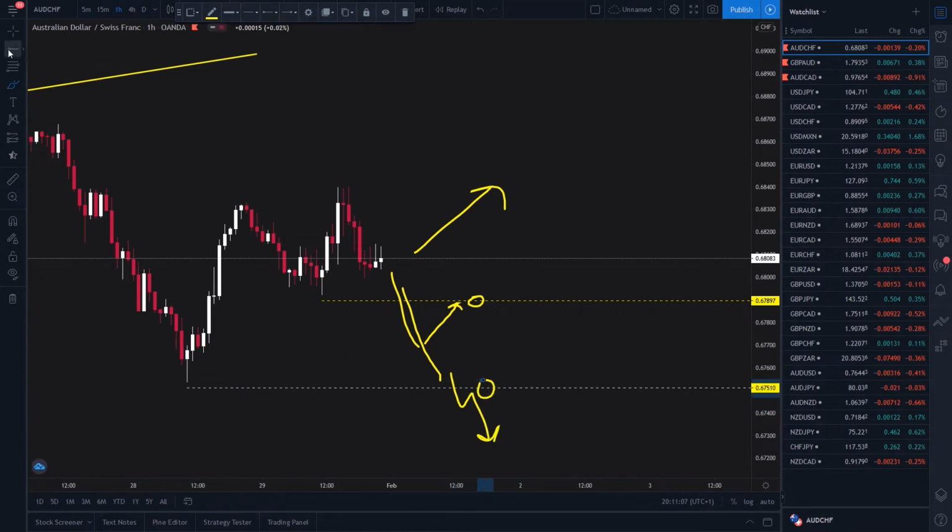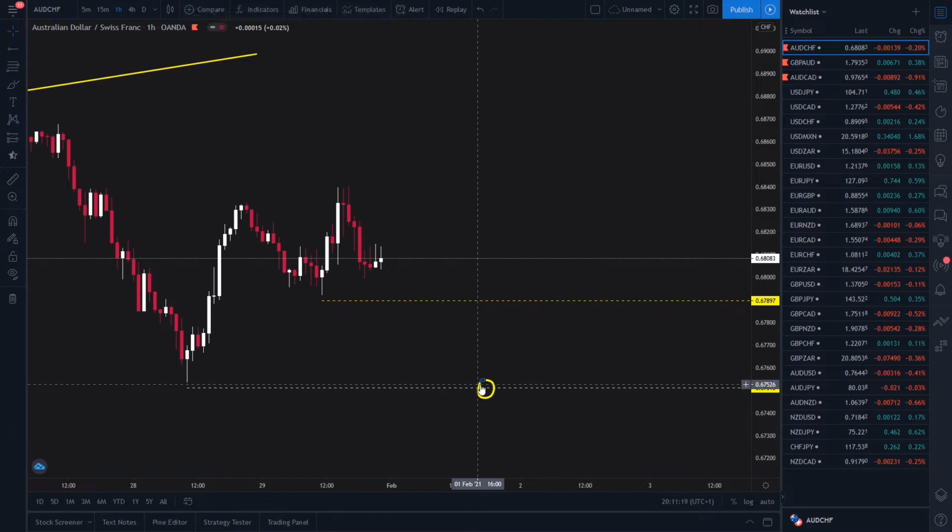So let's delete those rows and let's set up our trades.